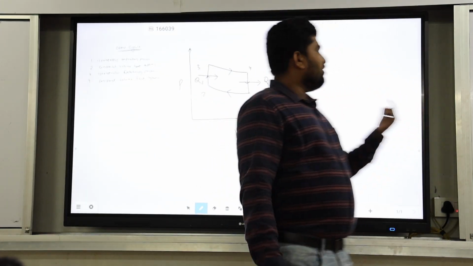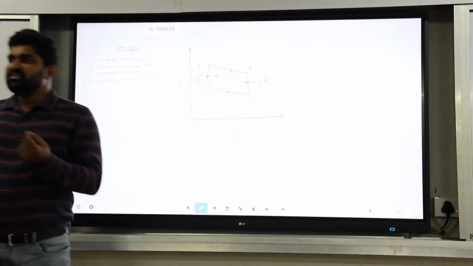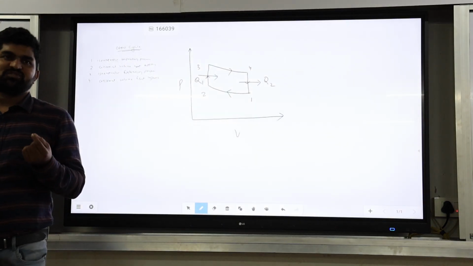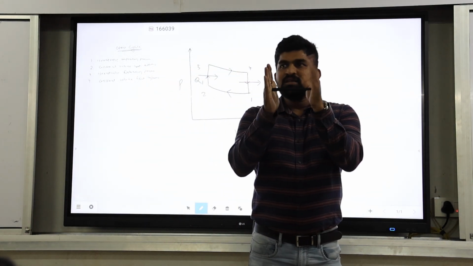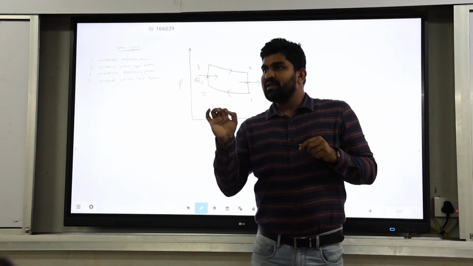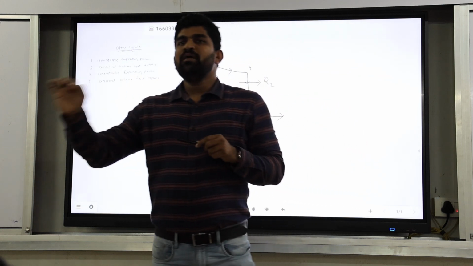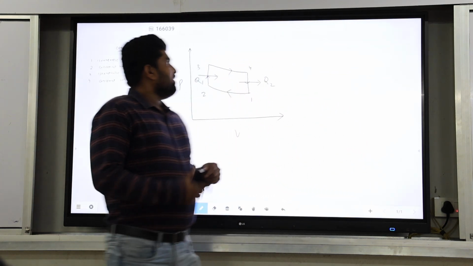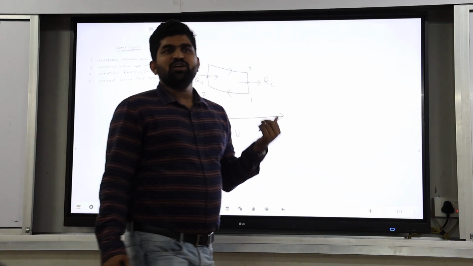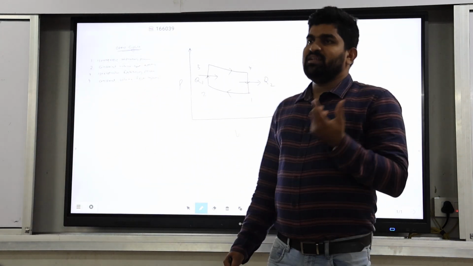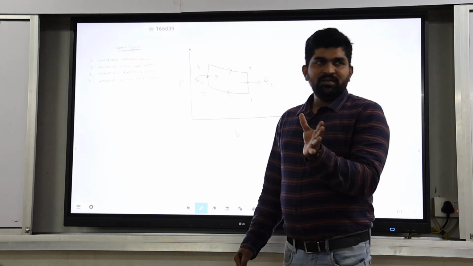Then comes the 3 to 4 process, the isentropic expansion process. When it expands, the pressure and temperature decrease, but the volume increases. Then the last process, 4 to 1, is known as constant volume heat rejection. The heat is rejected.